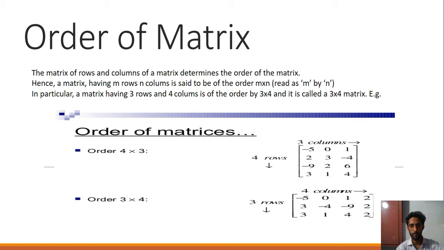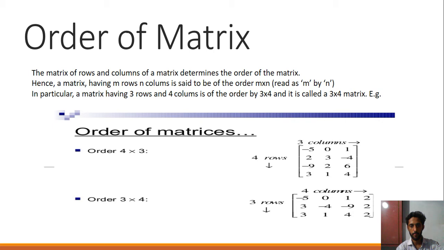So how do we find the order of matrix? We multiply the rows by the columns, that will be the order. For example, you can see that in the first example there are 4 rows and 3 columns, so the order of the first one is 4 by 3.